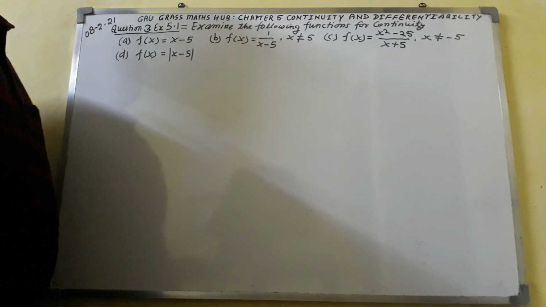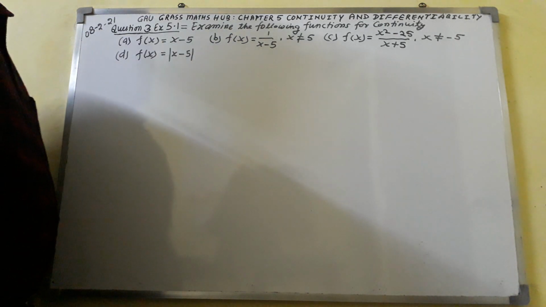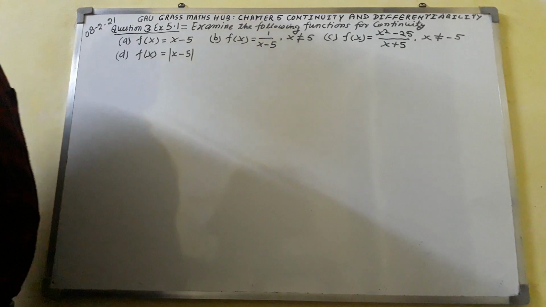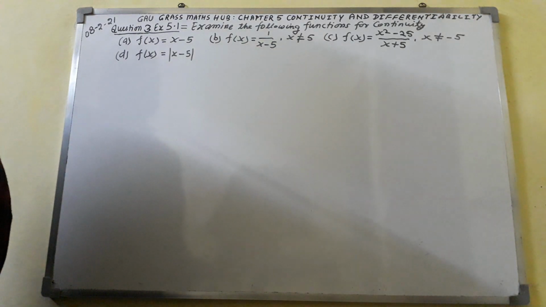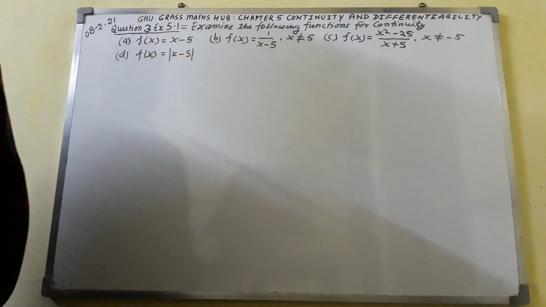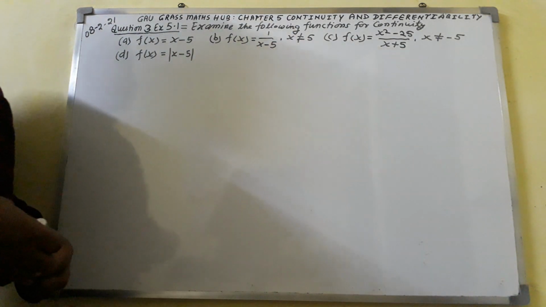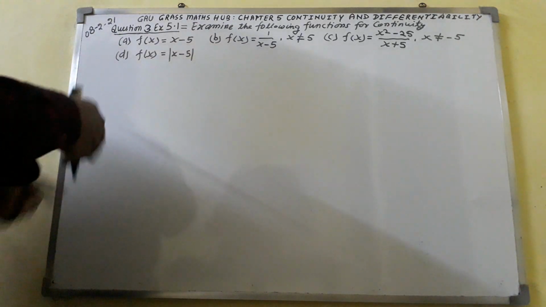B. f of x equal to 1 over x minus 5, x is not equal to 5. C. f of x equal to x square minus 25 whole over x plus 5, x is not equal to minus 5. D. f of x equal to mod x minus 5 mod. This is the question I am going to discuss here. Here I shall write the solution.